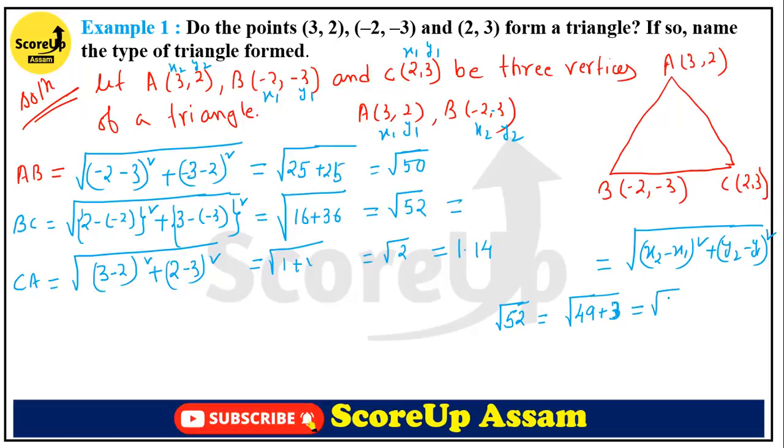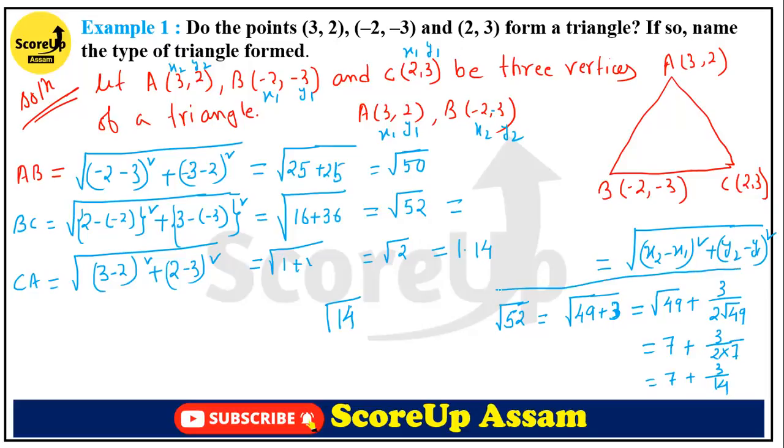Now you should write it as root over 49 plus 3 divided by 2 into root over 49. Root over 49 is 7, so it is 7 plus 3 by 14. I am using this method just to find the value of a root in a shortcut way, and you have to solve it on rough paper.